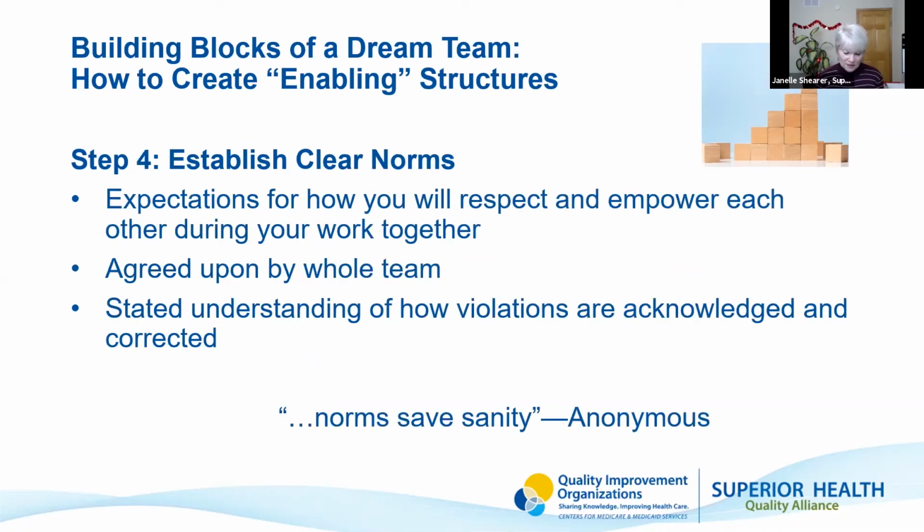And then the last step, and this is kind of a big one, is establishing clear norms. So you want to make sure that everybody agrees and works together on what our team is supposed to behave like. What are the things we expect from each other? Early on, really in one of the first meetings, you want to work together and identify what these norms are, and then how we address violations or acknowledge them.